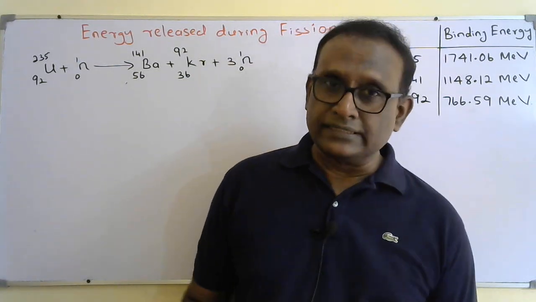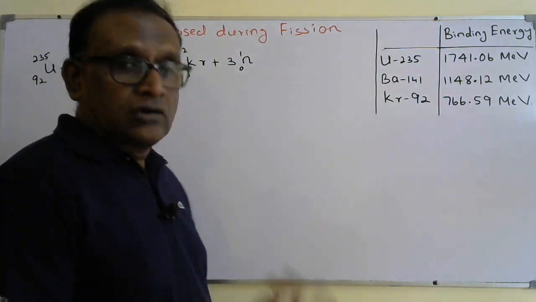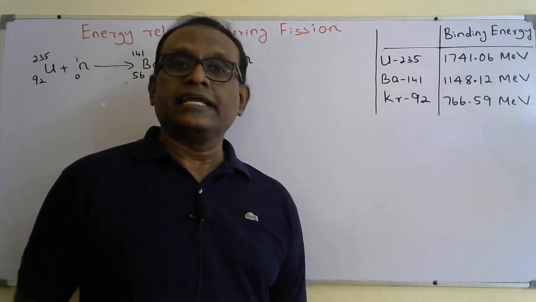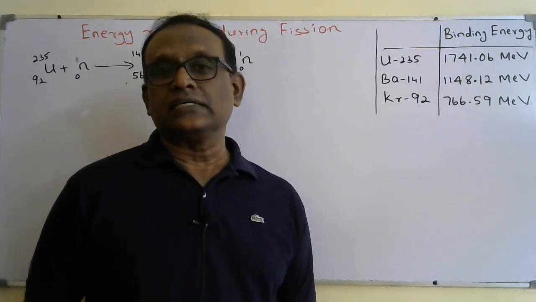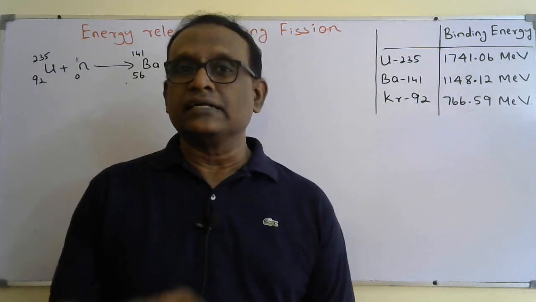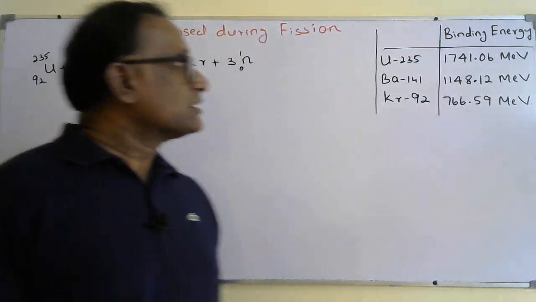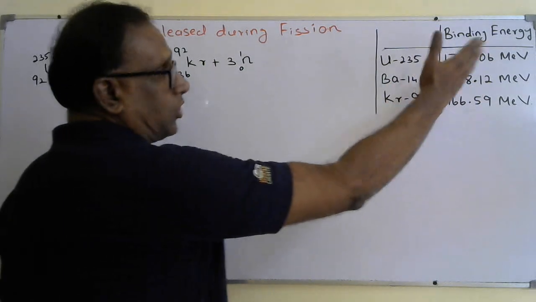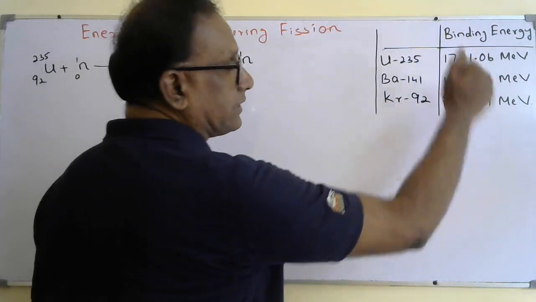You know how to calculate the binding energy; I already discussed it in my first lesson on nuclear decay. Go through it, the link is given in the description of this video. You can calculate the binding energy if you want, or use the already given binding energy.